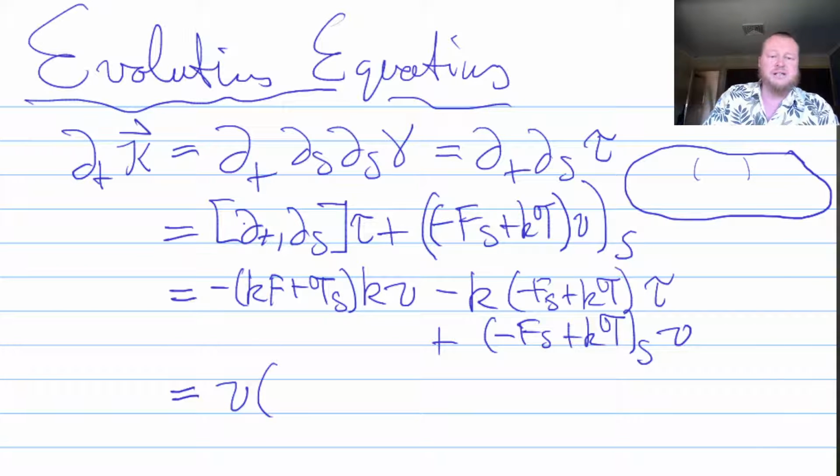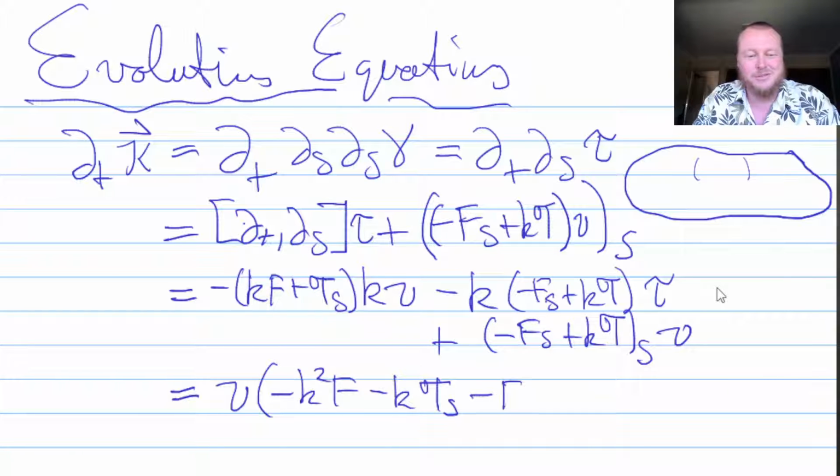So basically, let's collect together the normal terms. So we've got a minus k squared f. We've got a k_ts minus k_ts. And then we've got a plus k_ts, so that'll cancel. We've got a k_st, which is not going to cancel, and a minus f_ss. So let's see all that come into being.